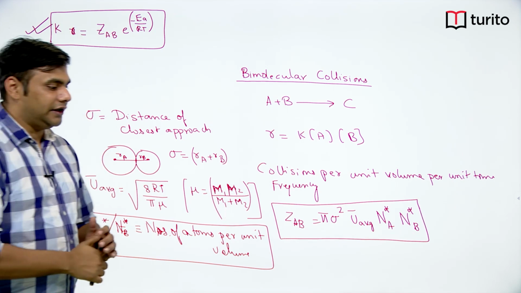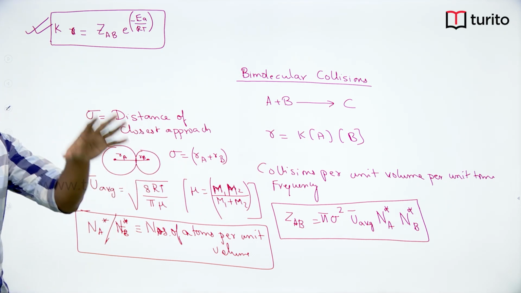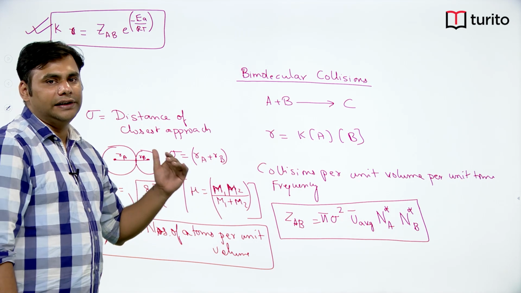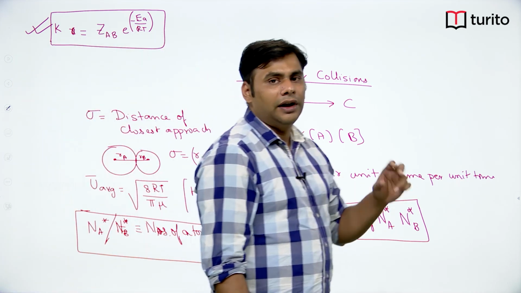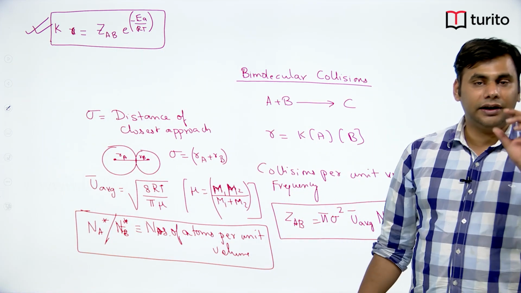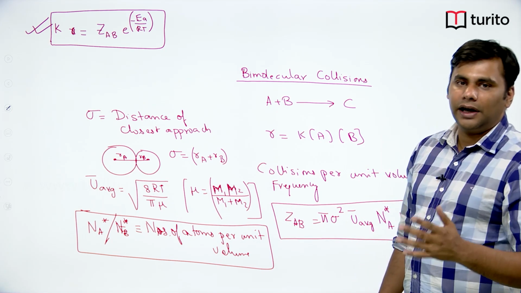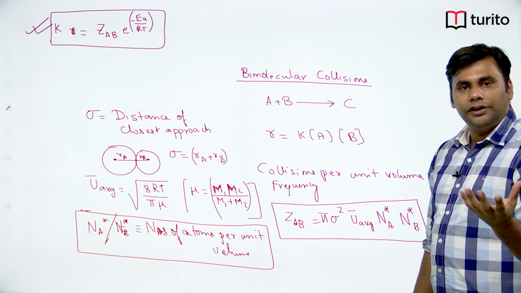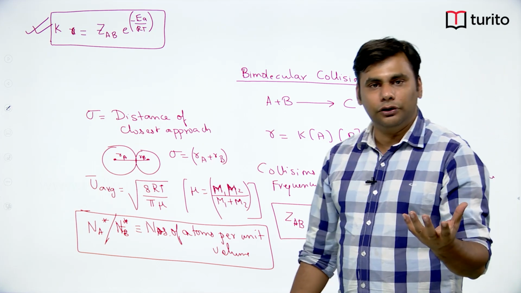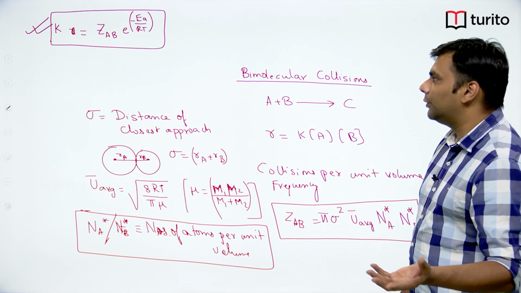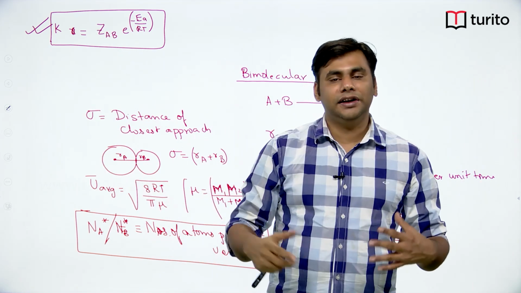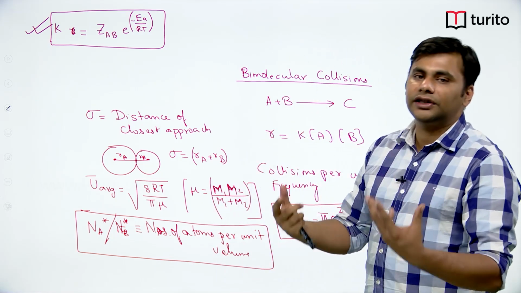So collision theory says that there are two portions in the Arrhenius equation. So it is basically a theoretical explanation of the Arrhenius equation. The Arrhenius equation has two terms, A into e raised to minus Ea by RT. E raised to minus Ea by RT represents the fraction of molecules possessing minimum energy so that reactants get converted into product, also known as the Boltzmann factor, into the total number of collisions that are happening.